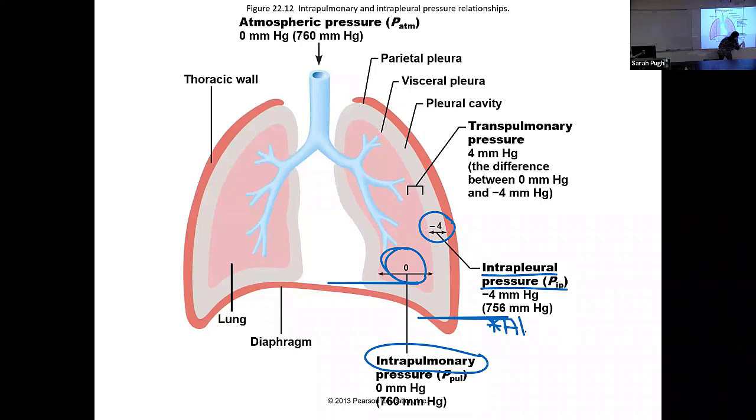Okay, so in the cavity, I'm standing too close to the board. It doesn't like that. There we go. It's always negative. If what's in that cavity ever equals what's in the lungs or ever equals what's in atmosphere, your lungs will collapse.